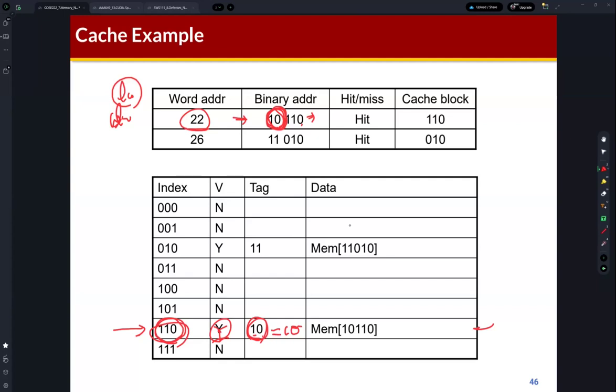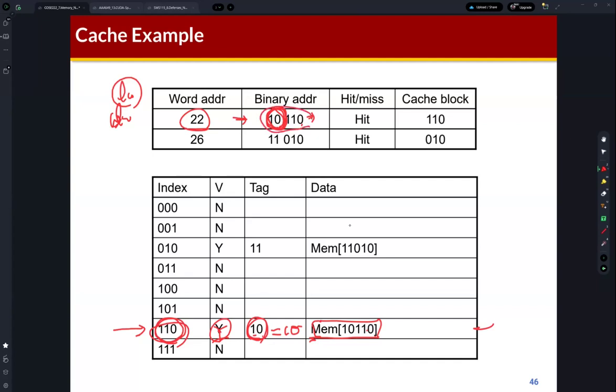So it's called a tag match. So the address of the data in this cache block is 10110, right?